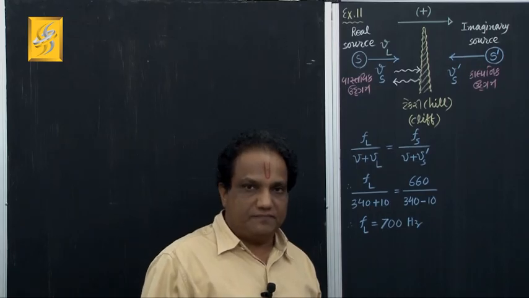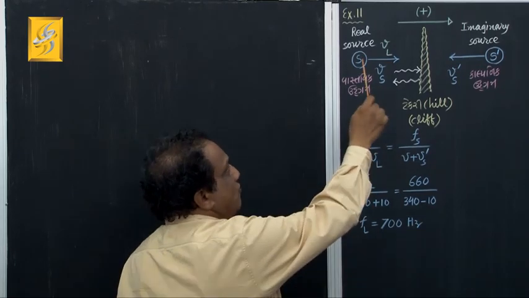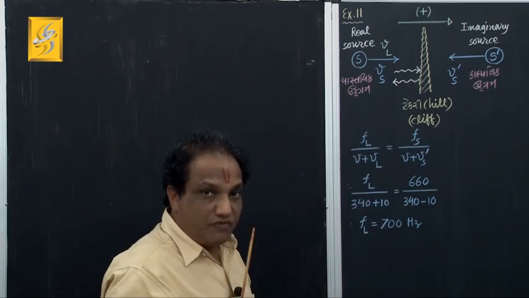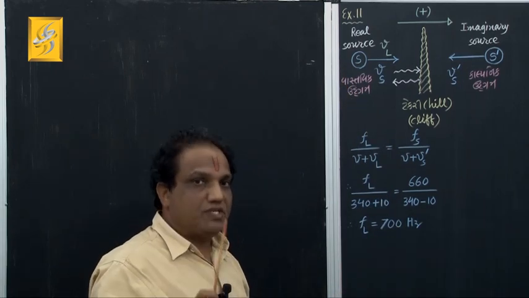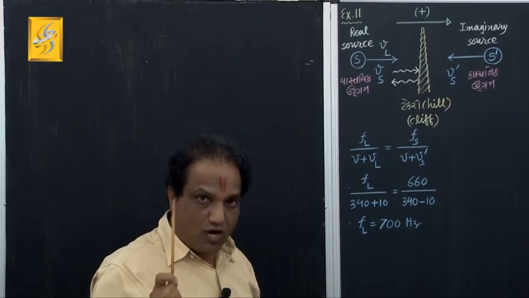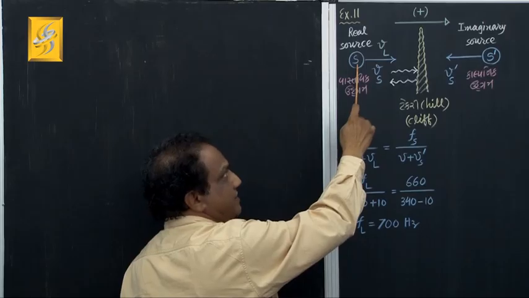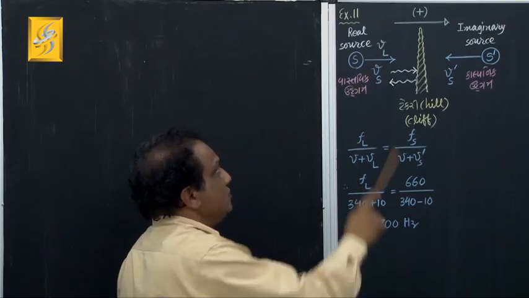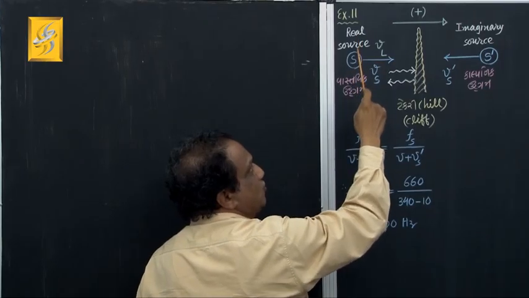We have one engine from which the whistle is blown, meaning sound is produced. So you can take that engine as the source of sound, that's why I am writing S here. And because sound is actually generated from that engine, you can take it as the real source.